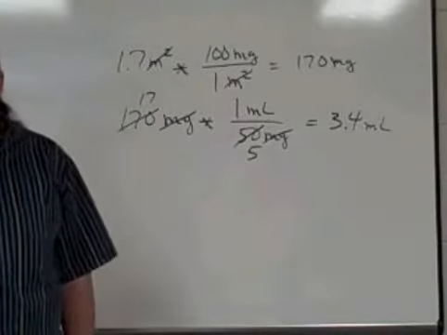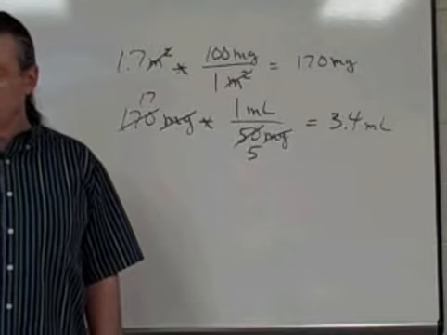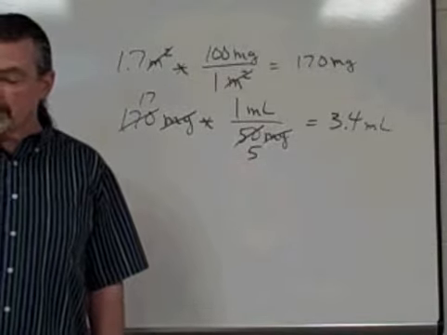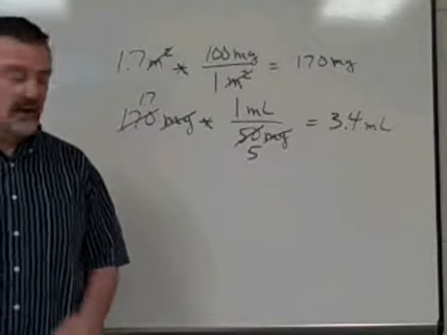Now, Part C says if the dose of cisplatin is added to 1,000 milliliters of D5 1/2 NS, and the drop factor is 20 drops per milliliter, what is the flow rate in drops per minute?